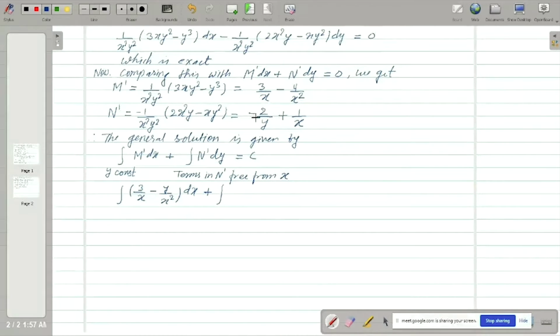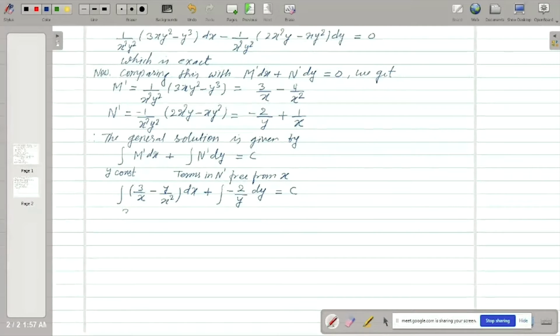We will not take this term, we will take only the term that has no x, that is 2 upon y, dy, and this is equal to c, the integrating constant. Simply observe that we are integrating with respect to y, so there should not be x.